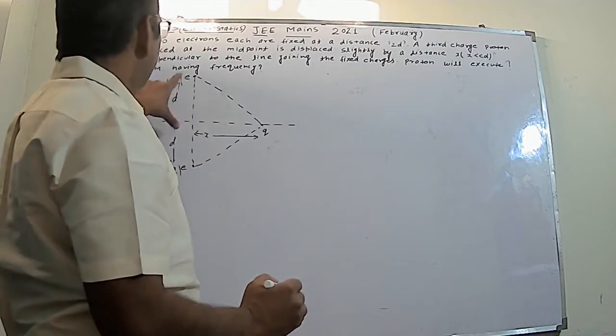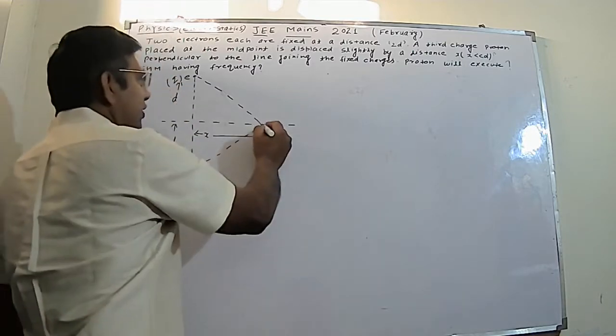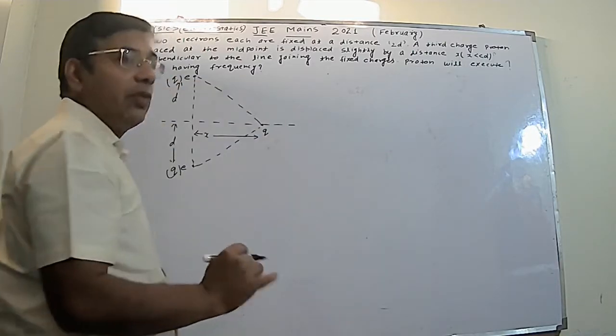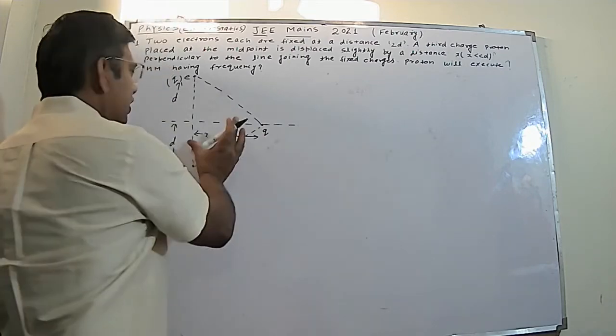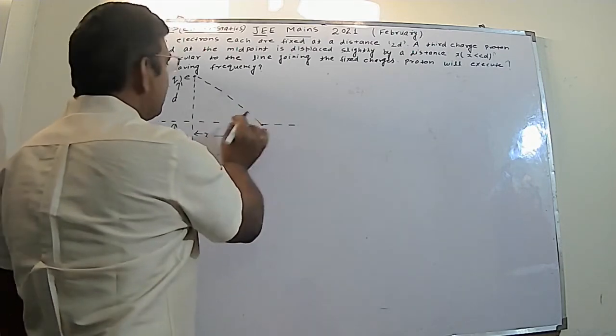So these are the two electrons and here it is the proton. All are having equal charges, and the proton is displaced by a distance x.